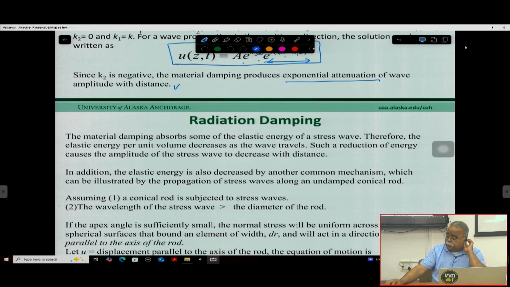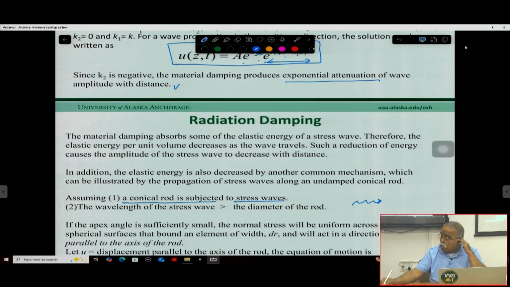So let us assume a solid with a conical separate rod in front of a stress wave. So that means a stress wave is coming, and there is a conical separate surface, or it might be shown like this way.